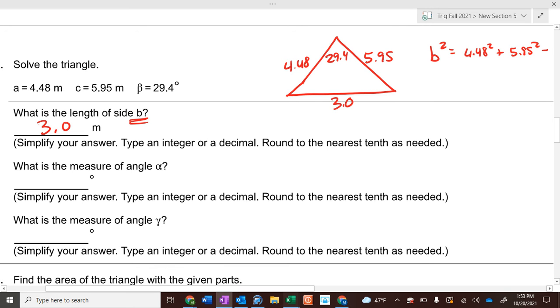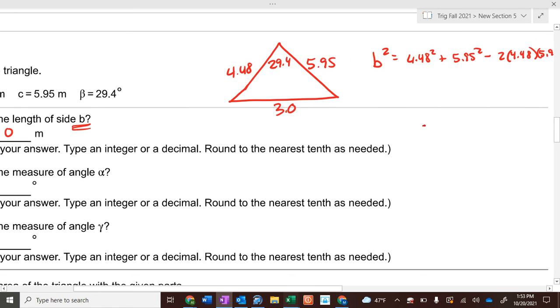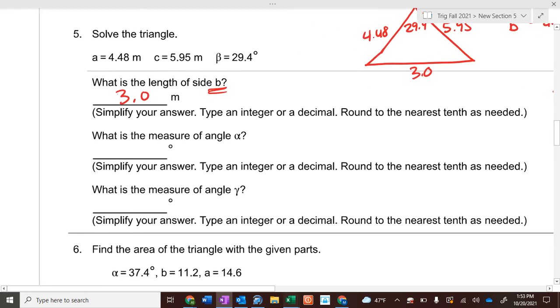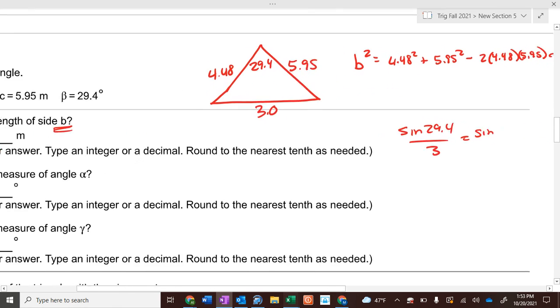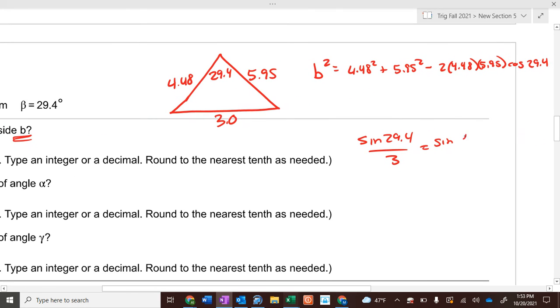So then you go with the law of sines. Sine of 29.4 over 3 equals the sine of alpha, since we want A next. That's opposite of A, which is opposite the 4.48. So the sine of alpha over 4.48. So 4.48 times sine of 29.4 divided by 3.